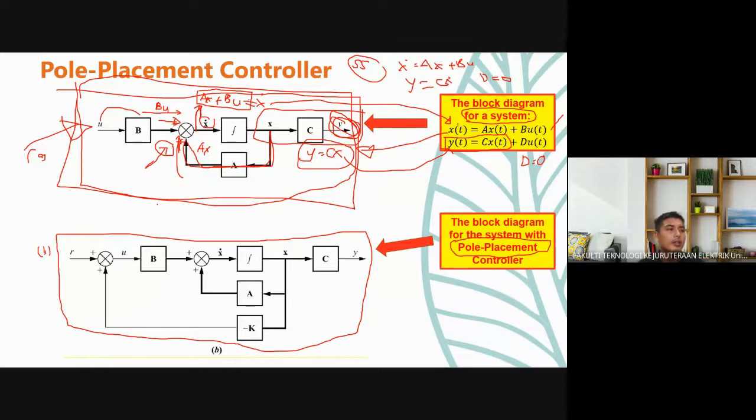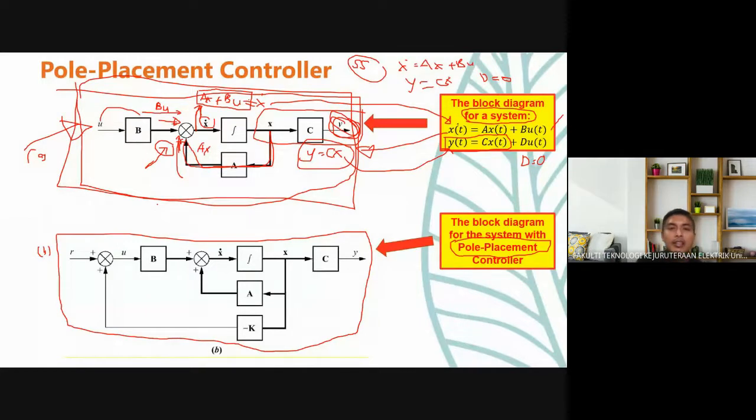Yes, the difference is the negative K feedback. So it means that if you want to implement pole placement controller, you just add negative K feedback to the system. So the pole placement controller is really easy.